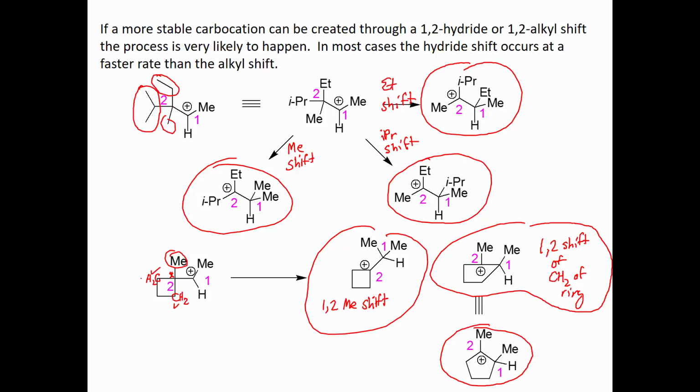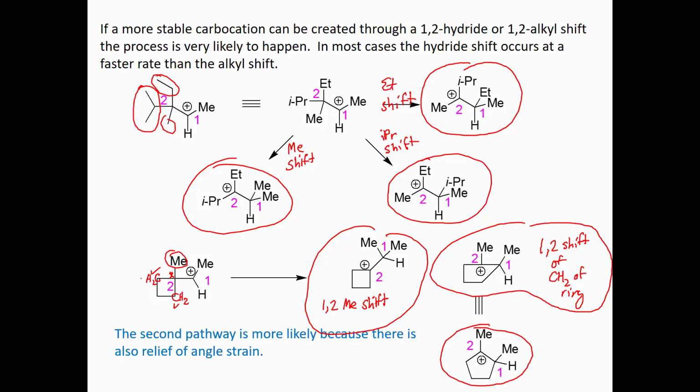They tend to provide primarily the ring expanded product. And this is, of course, because when you do this one, there's not only formation of a tertiary carbocation, but there's also a relief of angle strain.